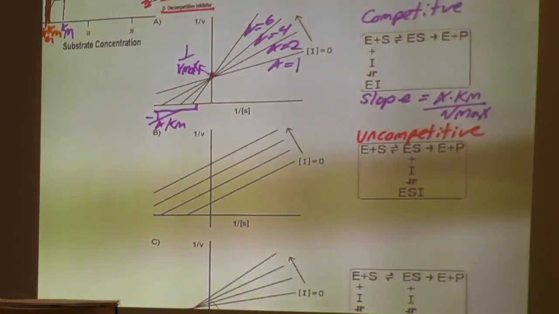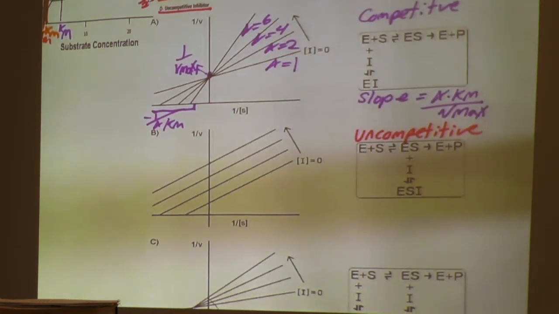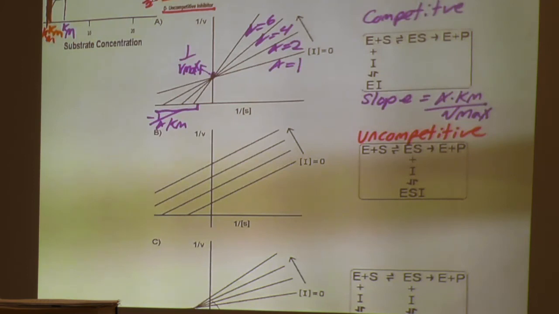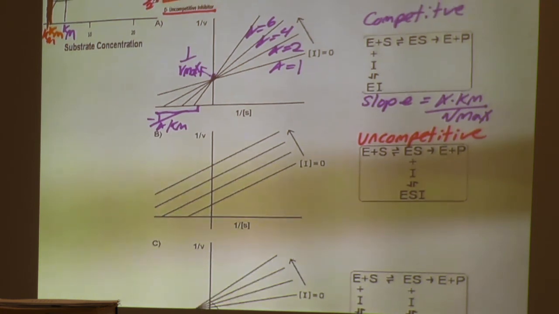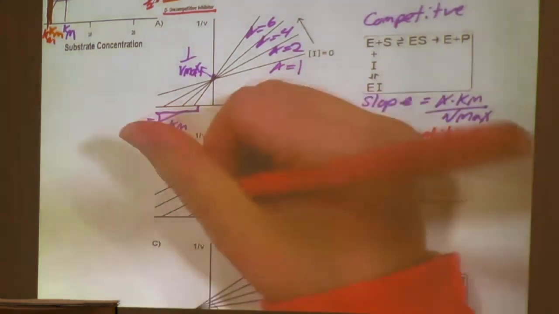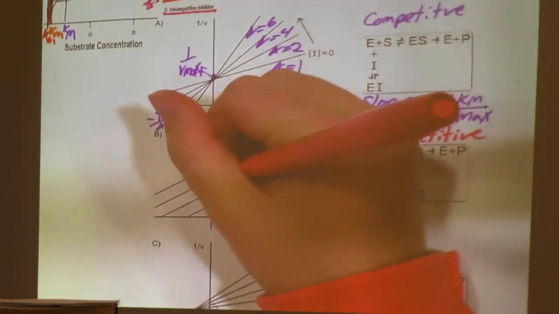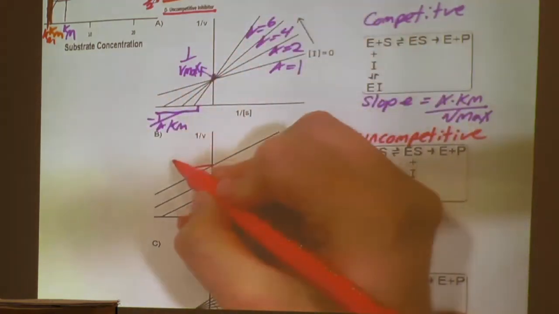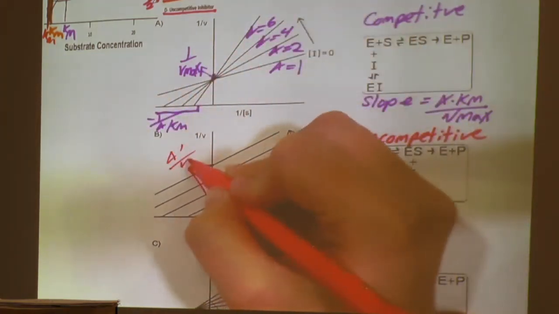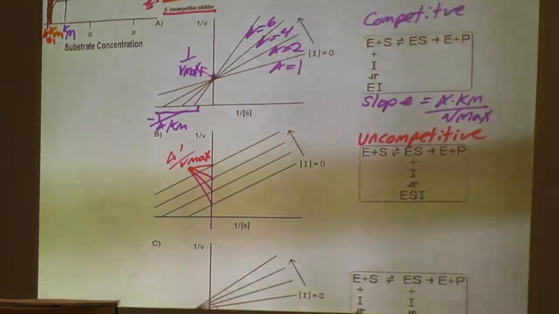All right. So where is alpha prime over Vmax located? Is it your x or your y-intercept? Alpha prime over Vmax is your x or y-intercept? Okay, awesome. It is your y-intercept. All right.